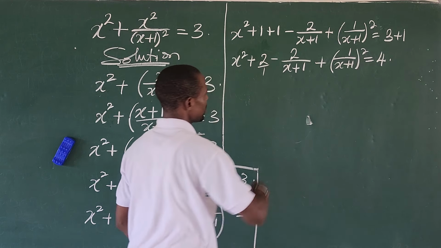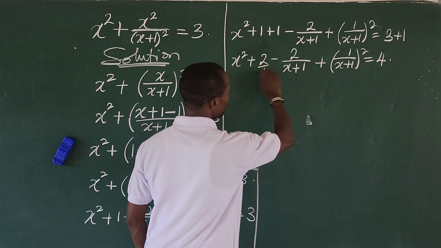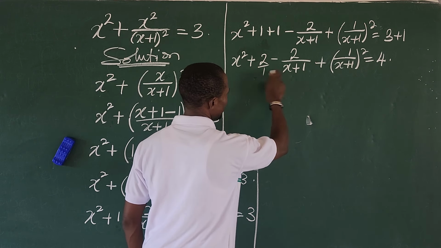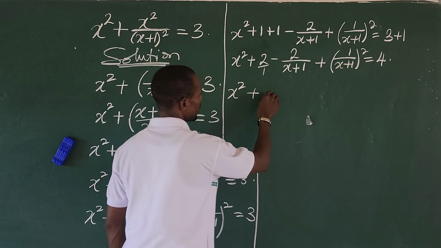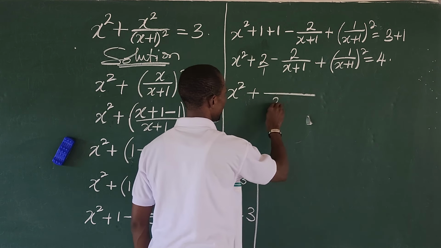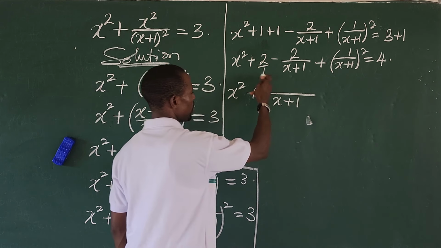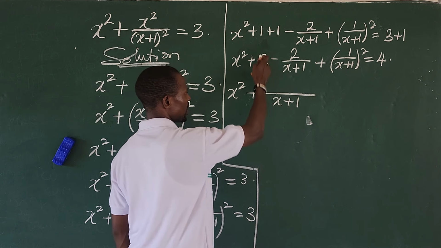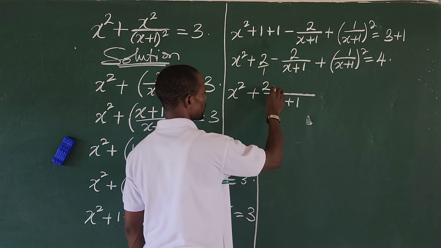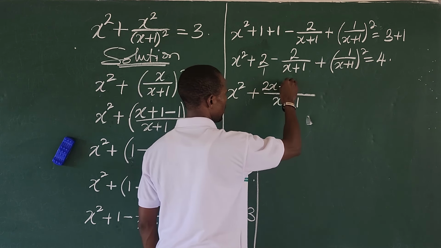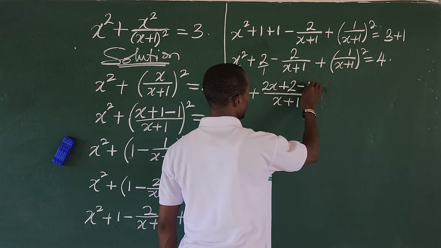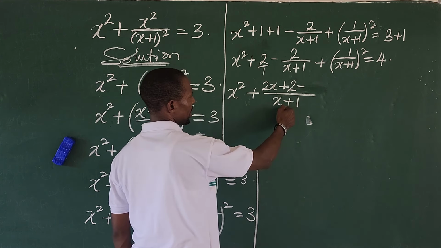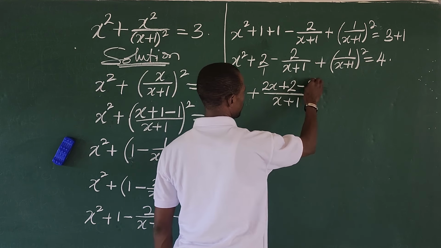This is all divisible by 1. So we can now find the LCM of this and this. So this is going to give us x squared, then plus, yeah, let's draw everything here. We have x plus 1. So 1 divided by this will give us this. So we use this 2 to times everything. So this is going to give us 2x, then plus 2, then minus, here we have everything here divided by this will give us 1. 1 times 2 will give us 2.